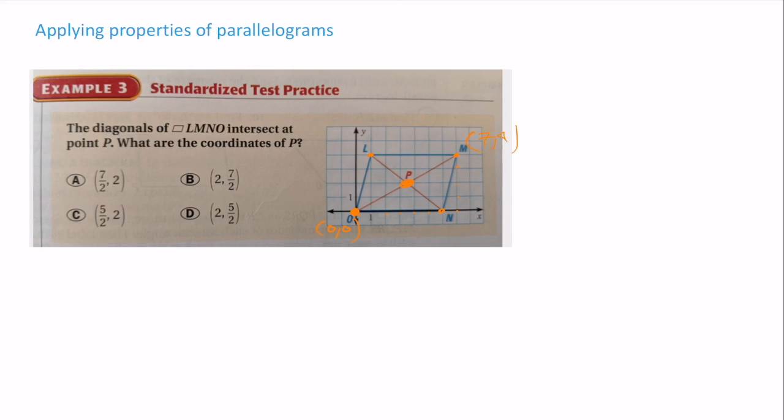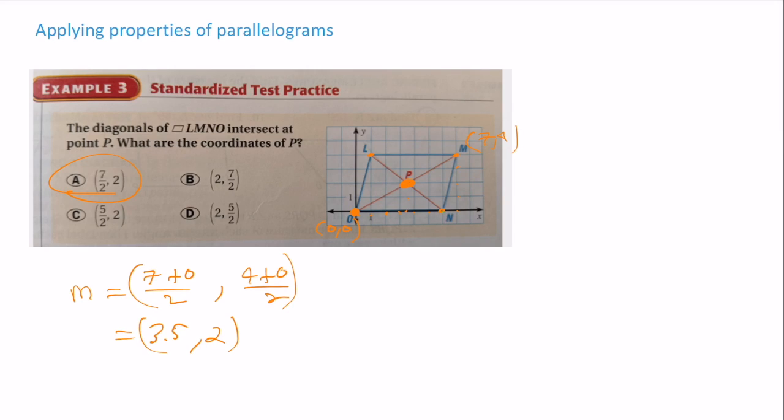Okay, so the midpoint is the average of the x values, 7 plus 0, and then the average of the y values, which is 4 plus 0, over 2. And so that is just 7 divided by 2 is 3.5, and 4 divided by 2 is 2. And so we should see that at 3.5, 2, perfect. So it should be 7 halves and 2, and that is it. And just notice, last thing, it didn't matter.